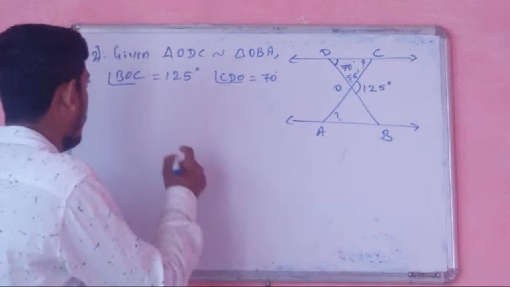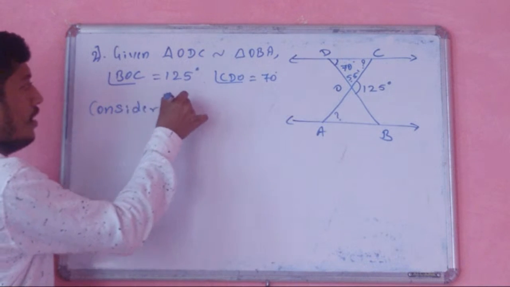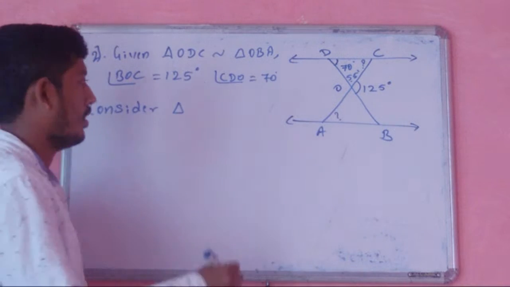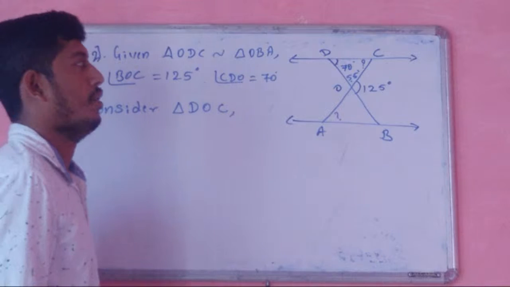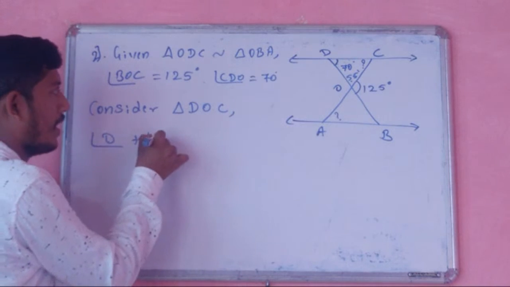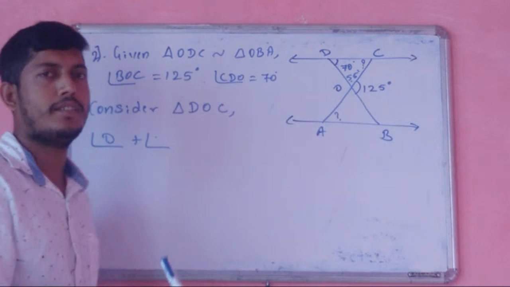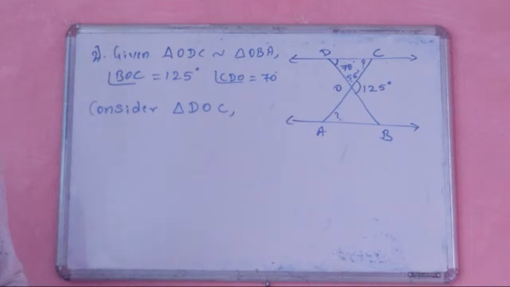So therefore I will consider triangle DOC. Angle D plus angle O, or I will consider three letters, because in the question they give three letters.